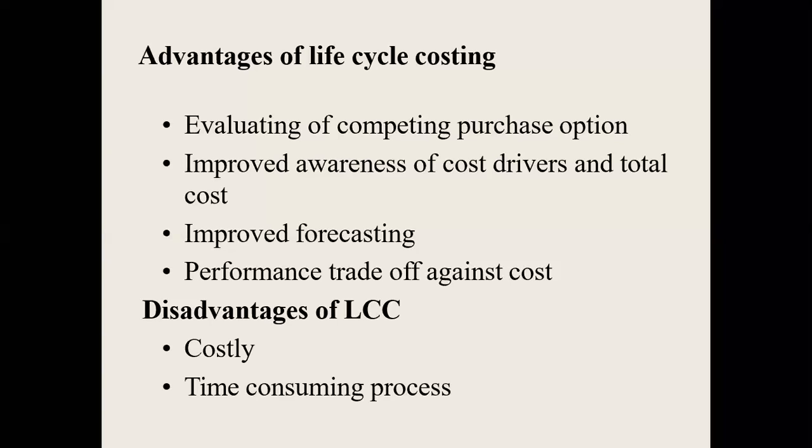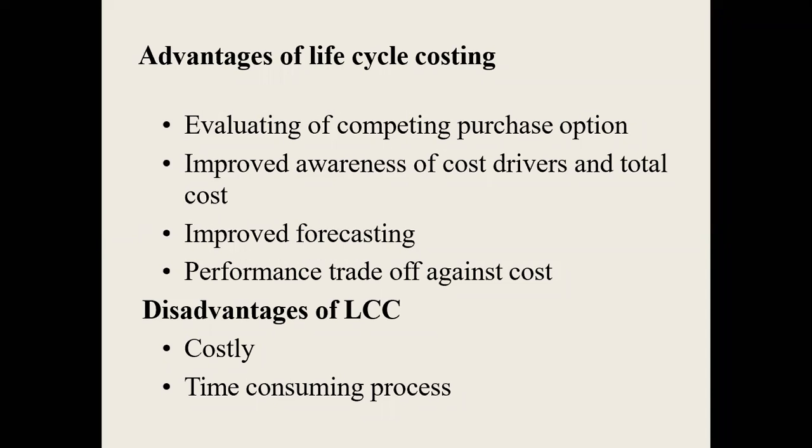You know that in the market right now, the Bullet is there, and the Splendor and other Shine vehicles are also there. But the number of Bullets has reduced and the number of other vehicles is higher. Why? Because the mileage of the Bullet may be 35 to 40 kilometers per liter, while other vehicles give 60 to 70 kilometers. That is performance trade-off against cost.